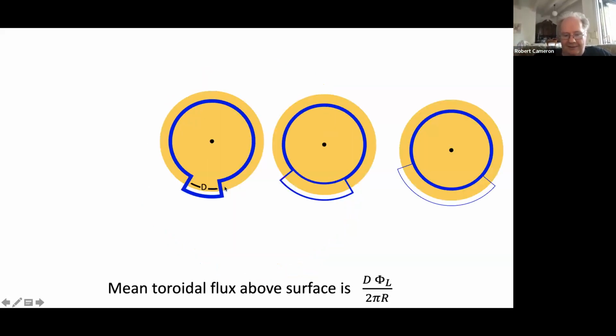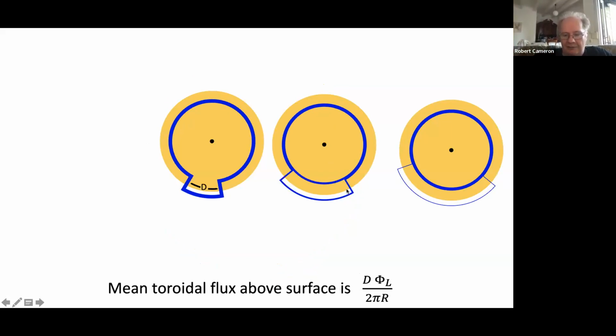But the important thing is, if we're looking at the average toroidal field, then the amount lost in all these cases is the same, because the change in the mean toroidal field depends upon the flux above the surface multiplied by the distance of the legs.